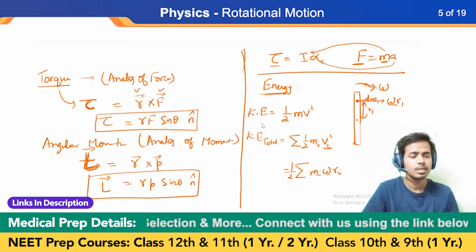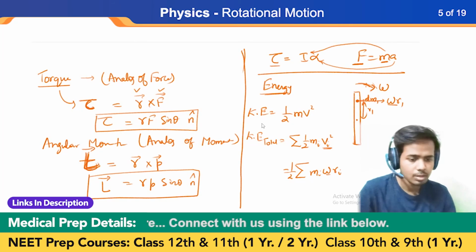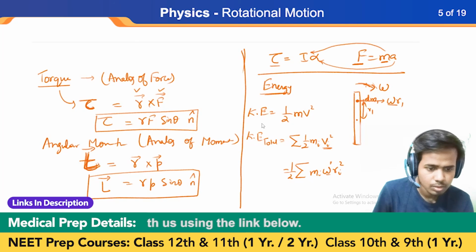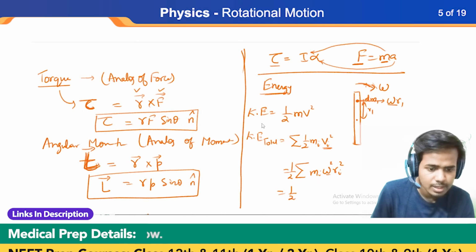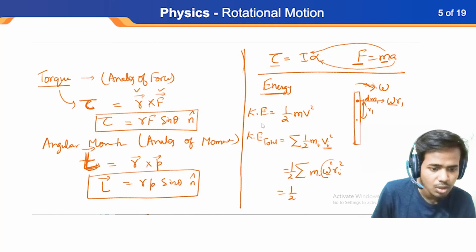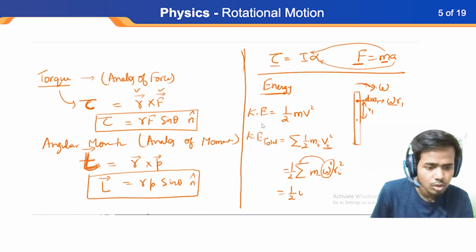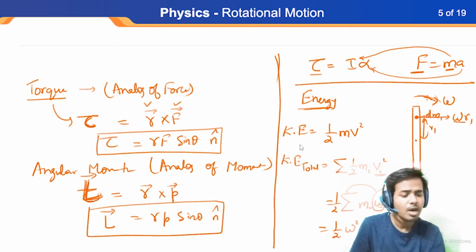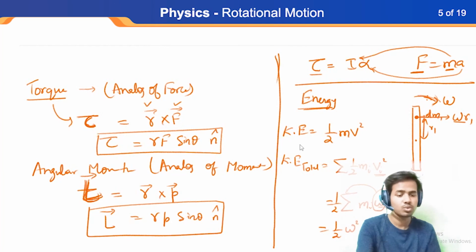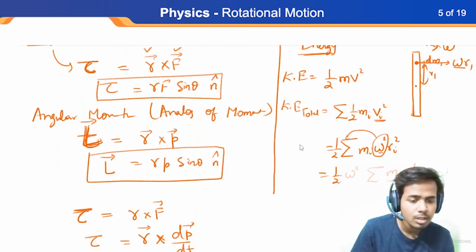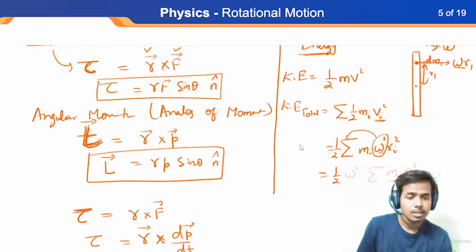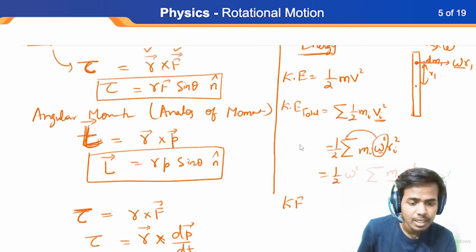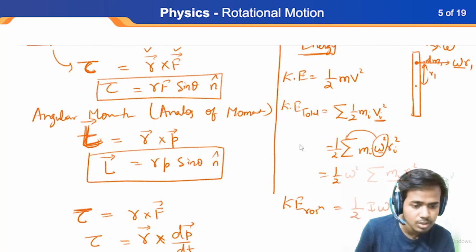Omega is going to be constant, the rate of change of angle, so it can come out as omega square, and you have the summation of m_i r_i square. The summation of all the bodies' mr square is nothing but the total moment of inertia. So the rotational kinetic energy is nothing but half I omega square.